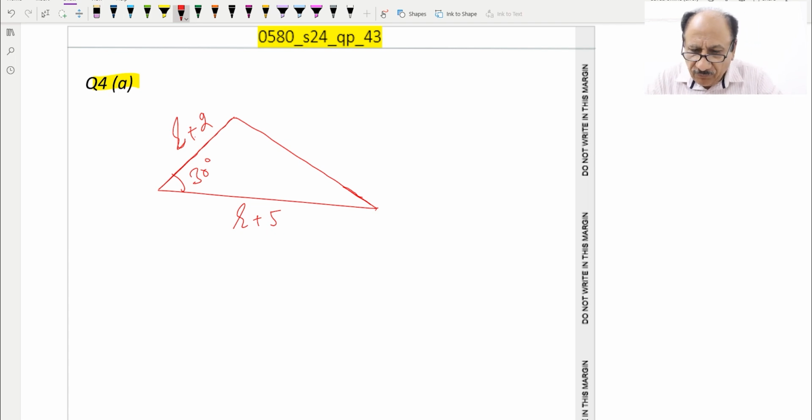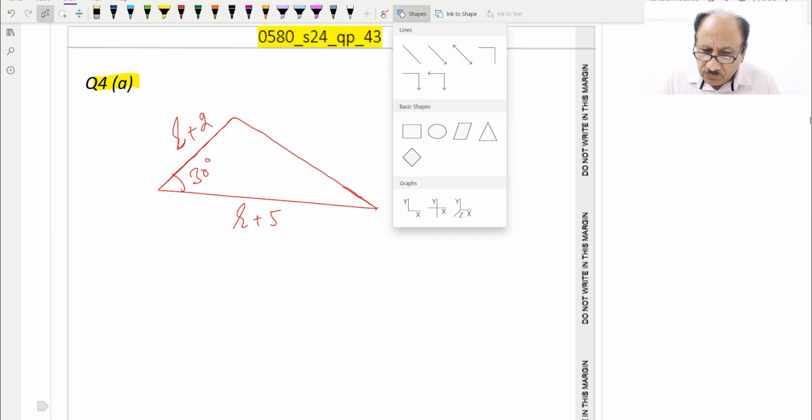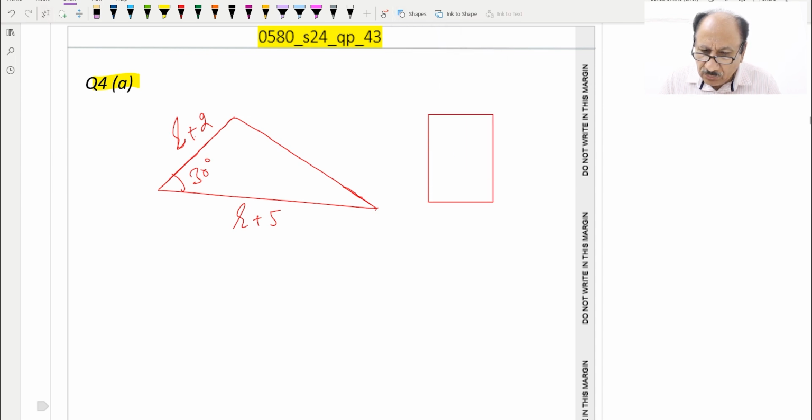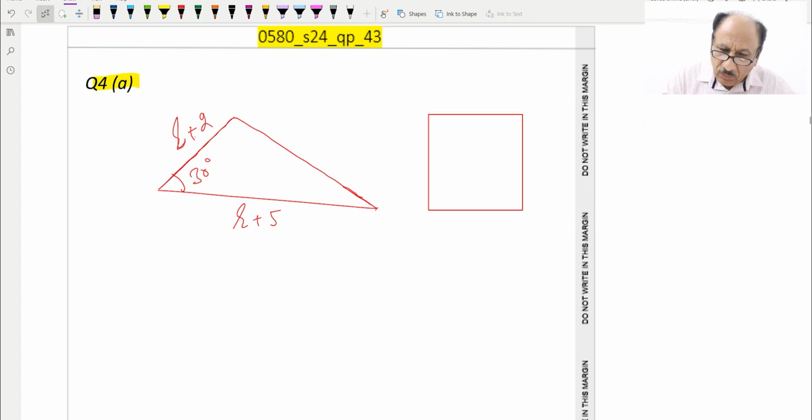And the square, if we draw a small square, we can take a shape of a square like this one. So this is the square, and in the case of a square, all sides are equal.